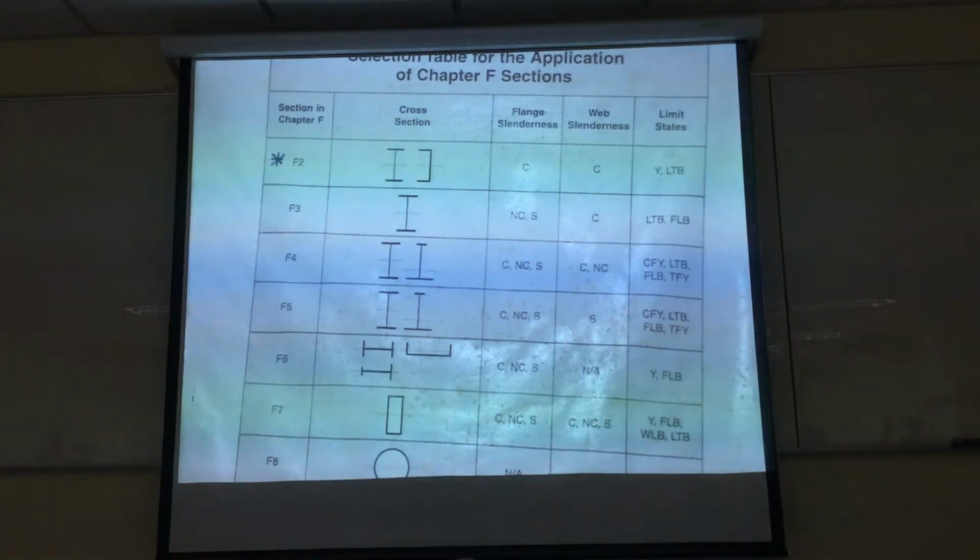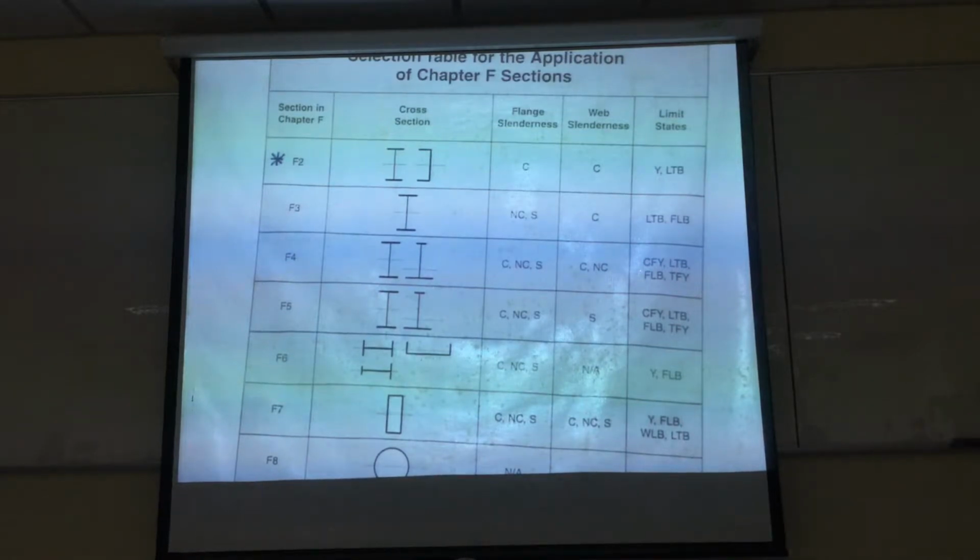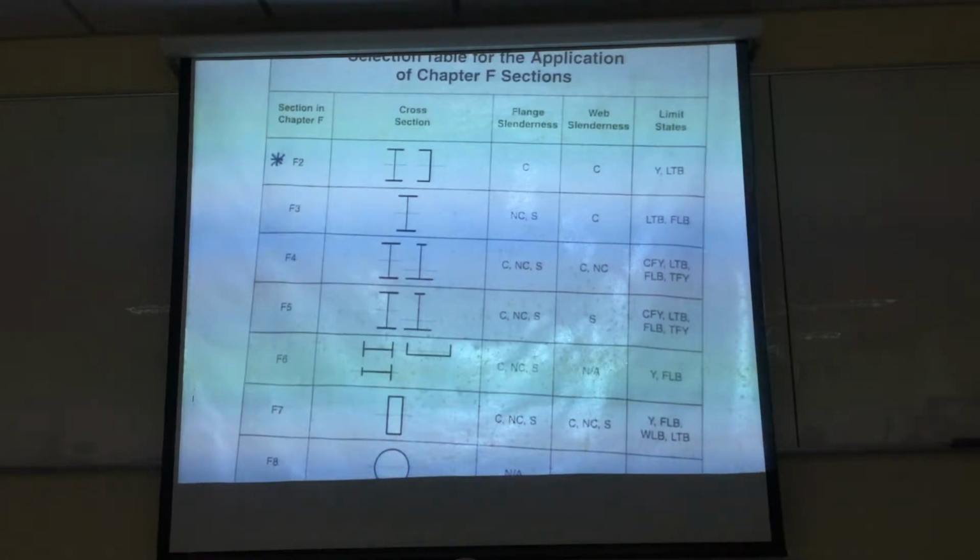Most of the steel in the steel table, out of so many, 50, 60 or even more, I remember that just one or two are non-compact. The cross sections were actually designed such that they are compact.